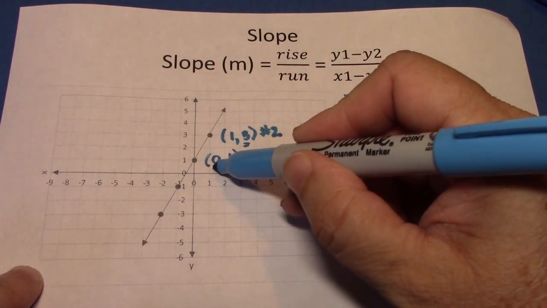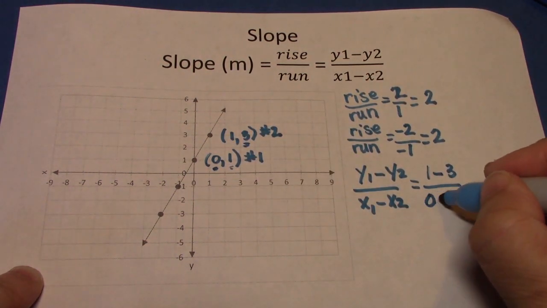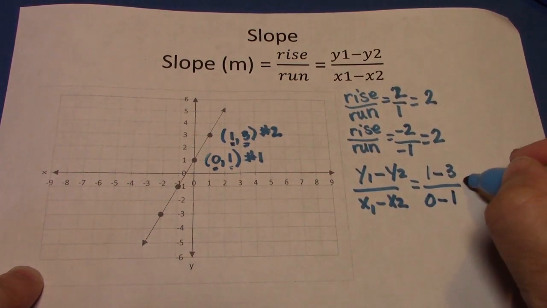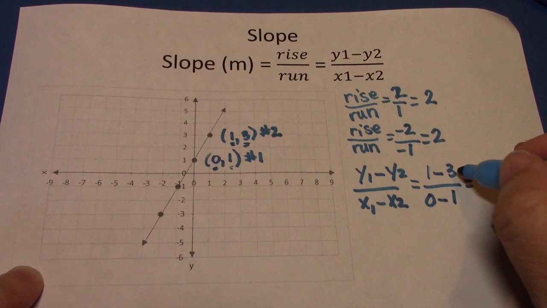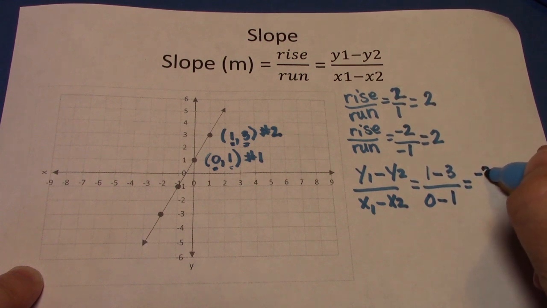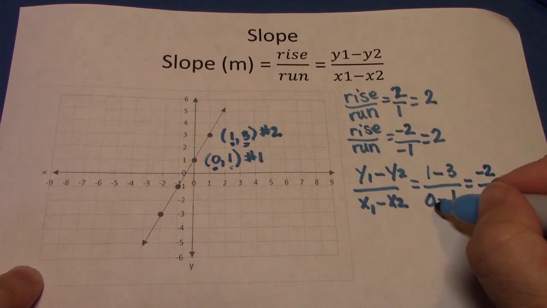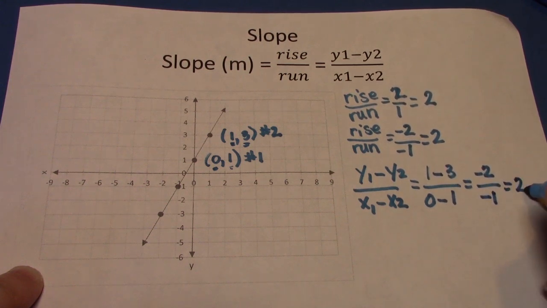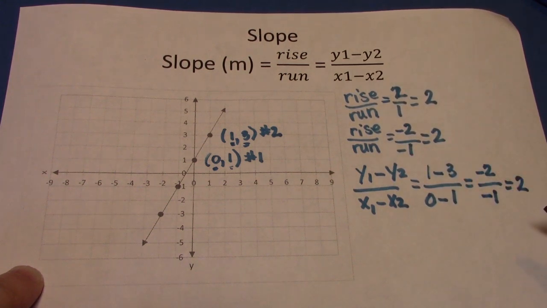This is point 1, it has an x value of 0, minus the x value of point 2. Okay, 1 minus 3 is negative 2. 0 minus 1 is negative 1. That's the same as doing this process, isn't it?